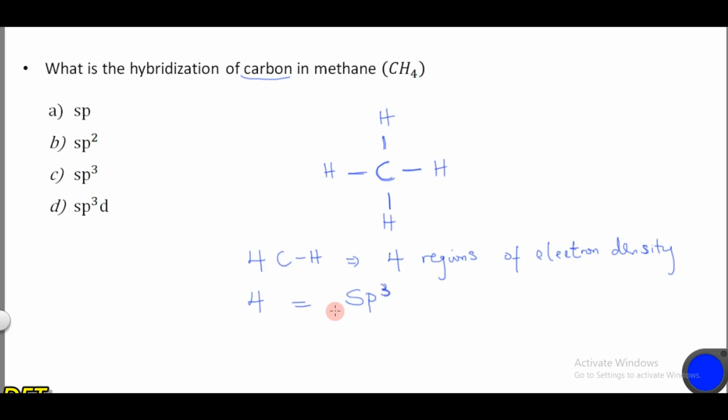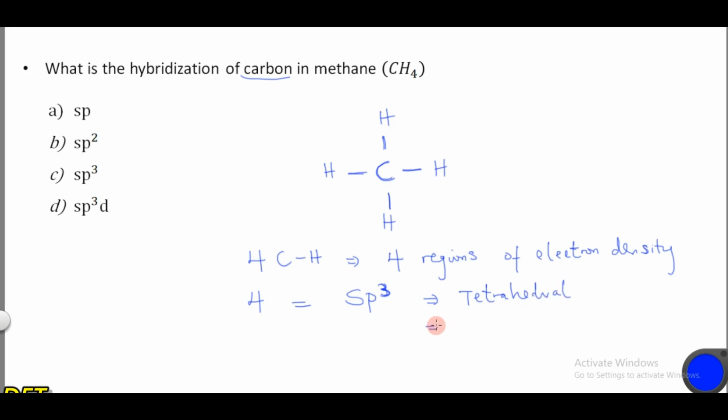sp3 hybridization, right? 3p orbitals and an s orbital, that will give us the sp3 hybridization. So what will be the shape of this molecule? The shape will be tetrahedral.